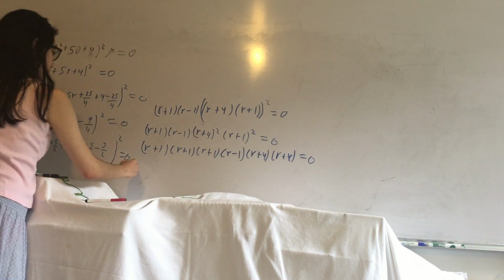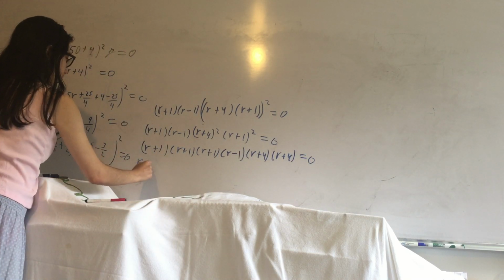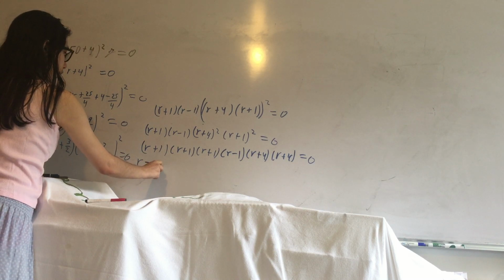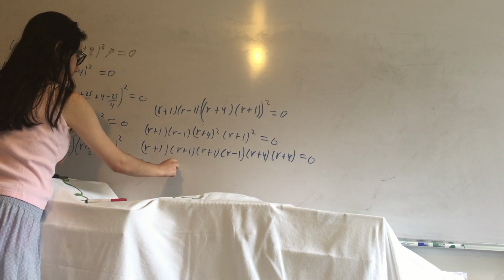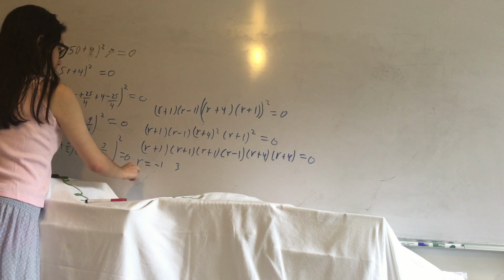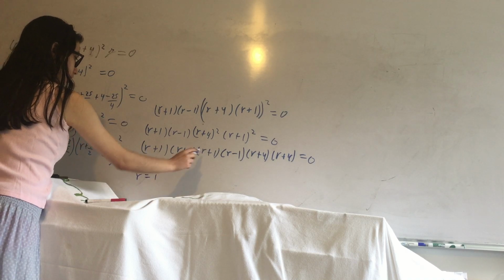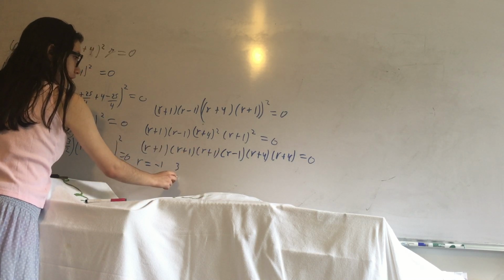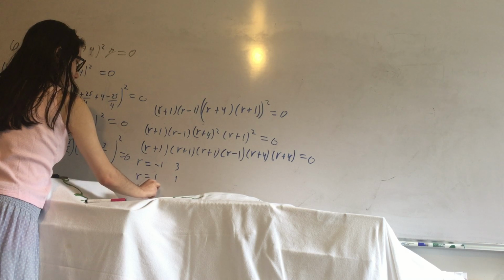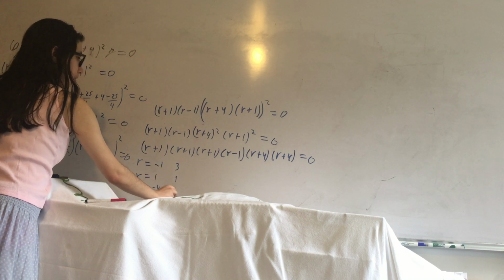So the roots are r equals minus 1, 3 times, r equals 1 just 1 time, and r equals minus 4, 2 times.